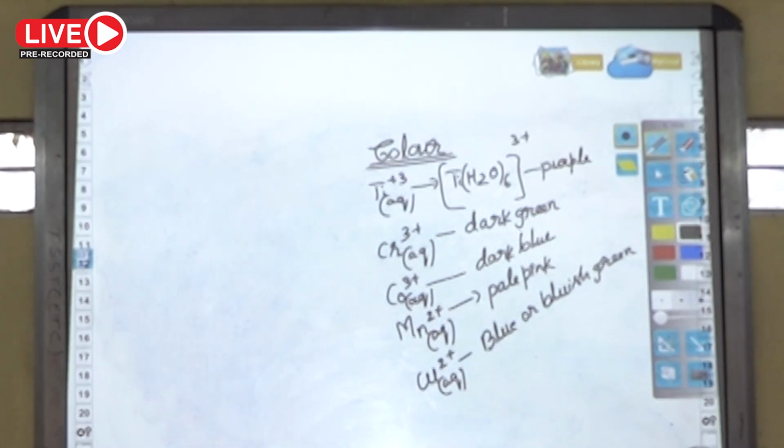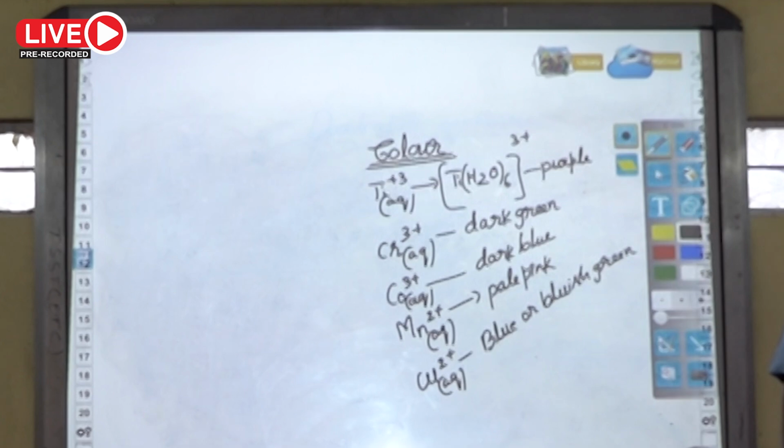So like this, the metal ions of the D block, either in the form of salts or in aqueous solutions, are colored. The color is due to the presence of unpaired d electrons. Yesterday we discussed already, these unpaired d electrons absorb a particular wavelength of light from the visible region, from VIBGYOR.